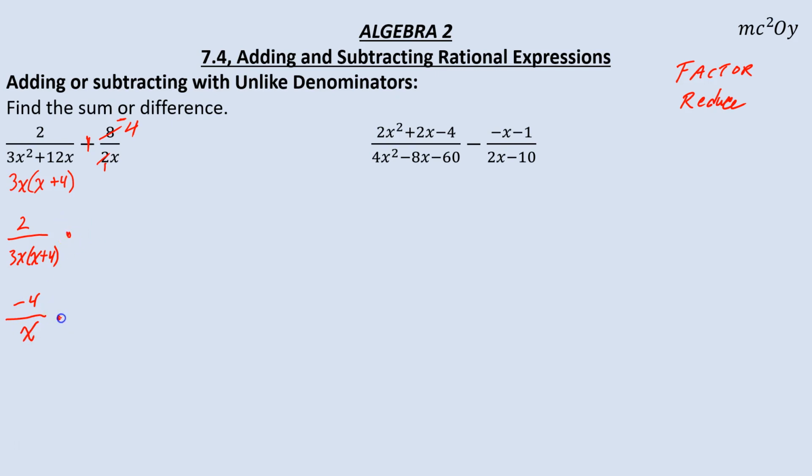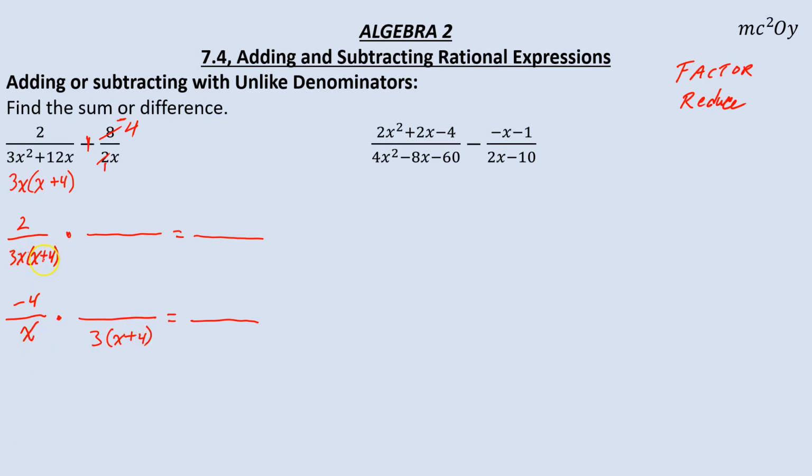So what am I multiplying by to get a common denominator? And what is that common denominator is the question. Well, it looks like here I have a 3, I have an x, and I have an x plus 4 as factors. Here I just have an x. So down here I need a 3 and an x plus 4. I've already got the x from up here.